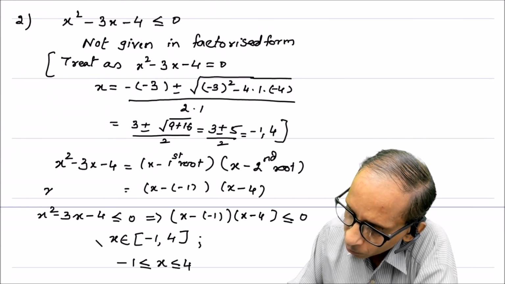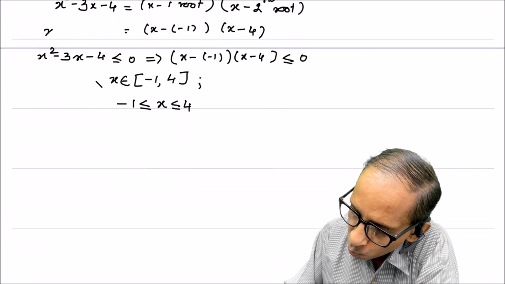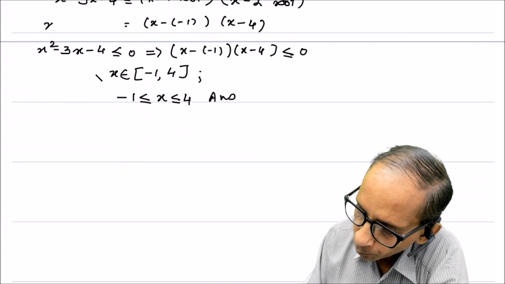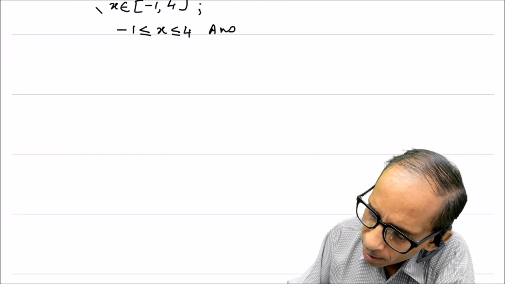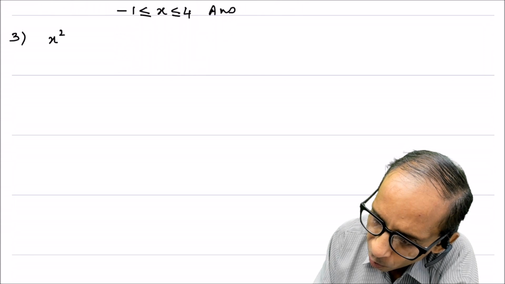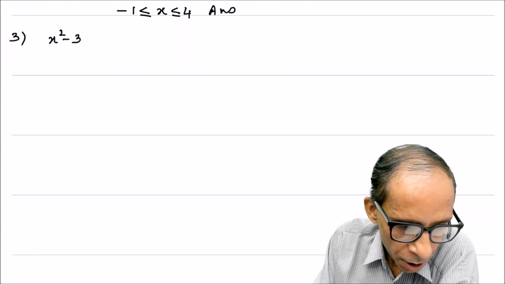Now, once we are through with these two cases, this is the answer for us. We now consider a third situation, which is a combination of the first and the second.